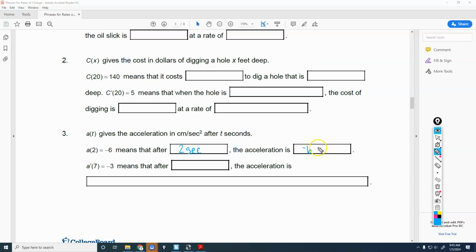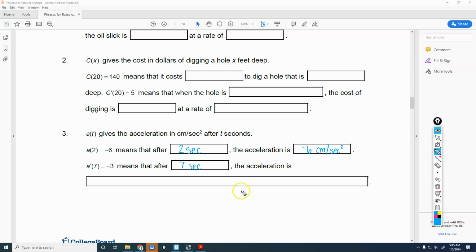What are my units? Centimeters per second squared. All right, now the derivative of the acceleration is harder. So A prime of 7 equals -3 means that after, what goes here? 7 seconds. That's your time, or at 7 seconds.